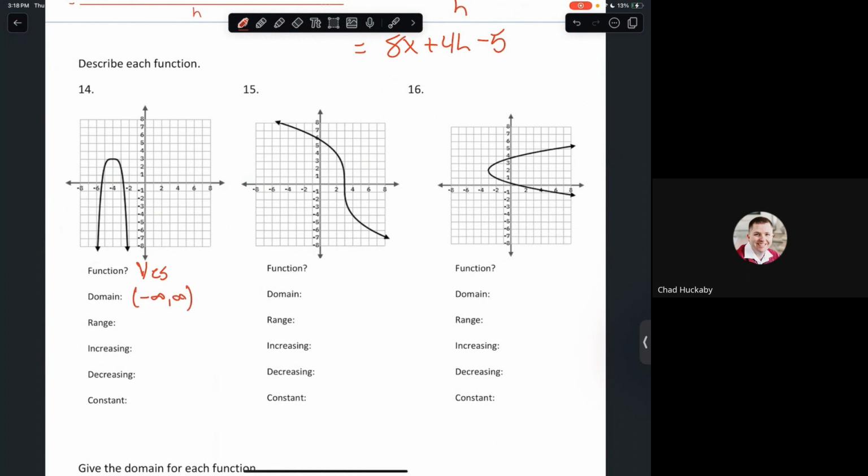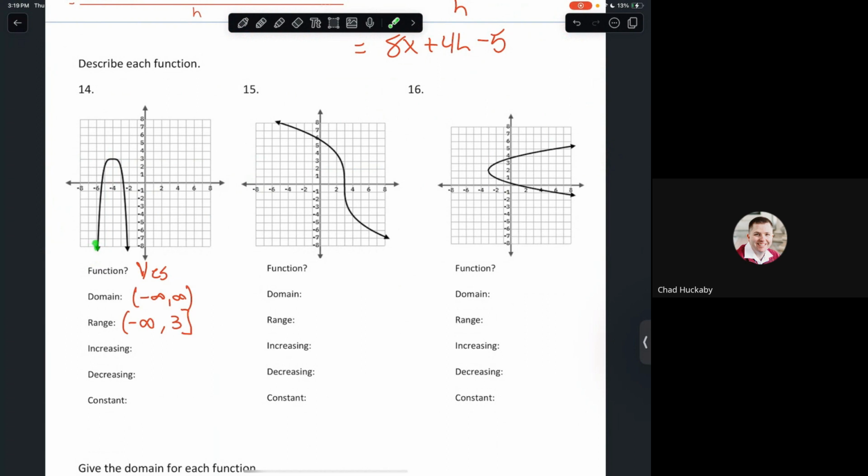Our range, on the other hand, if you look at it, there are no values that are above 3. Okay, 3 is included, but 3 is the biggest number we can have. So it keeps going down forever, so it goes down to negative infinity and up at most to 3. And then we want to look for increasing and decreasing. Well, in what parts of the graph are we going up from left to right?